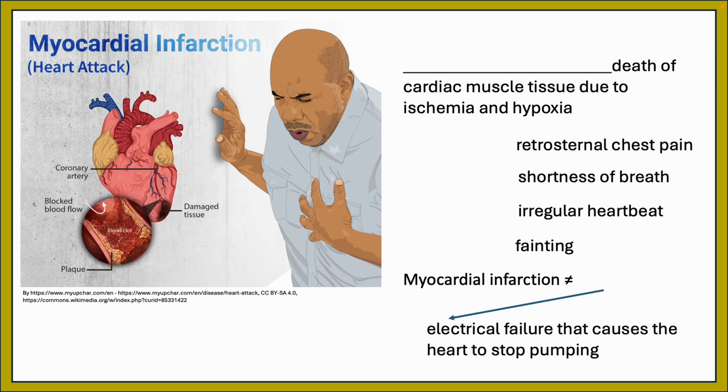All right, so one of the complications, as I mentioned, was a myocardial infarction. So when we talk about a myocardial infarction, meaning a heart attack, that is talking about the death of the cardiac muscle due to that ischemia and hypoxia, so that low blood flow and low oxygen.